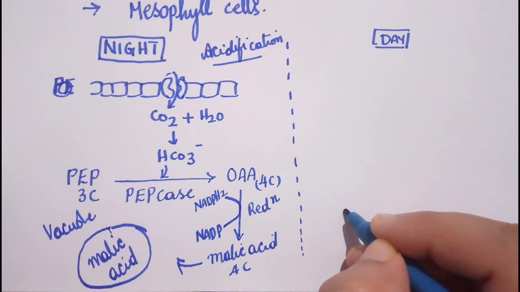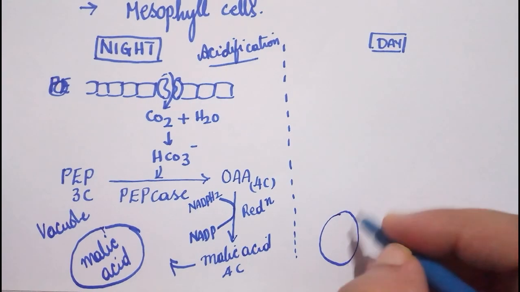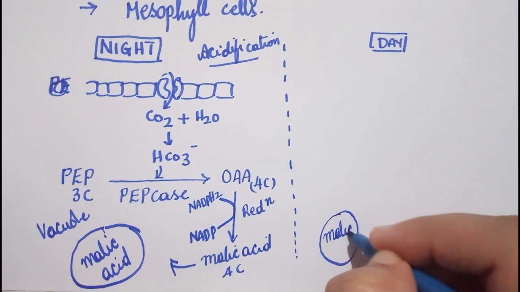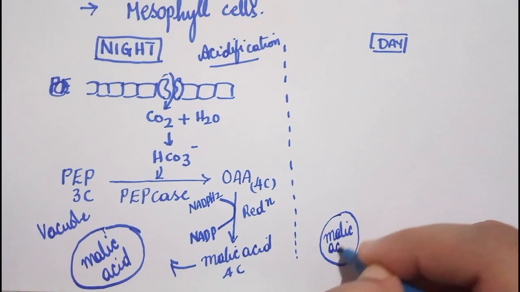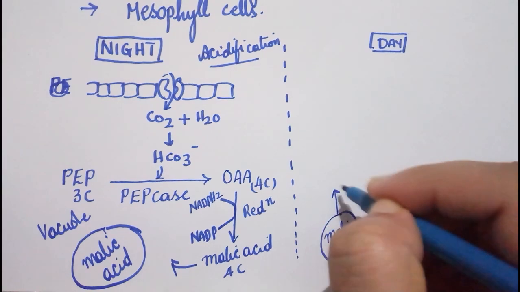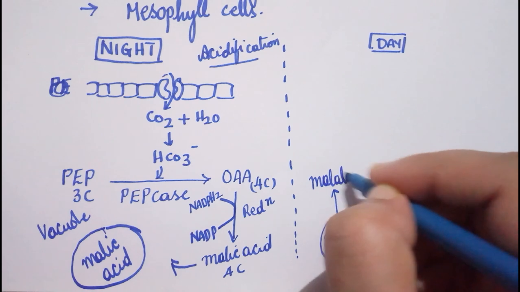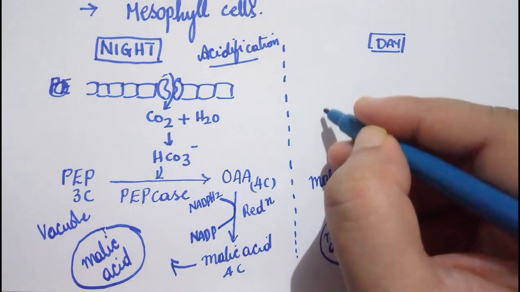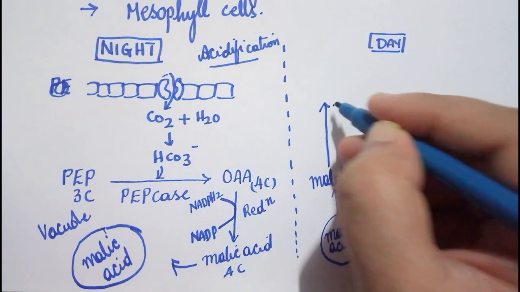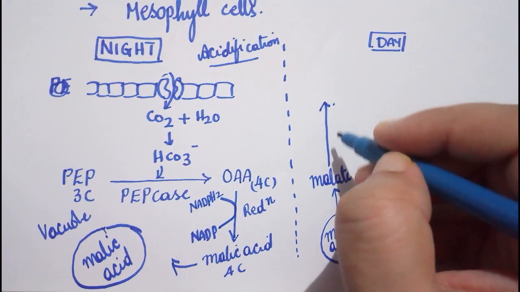During the daytime this malic acid which is in the vacuole comes out. This malic acid comes out as malate.